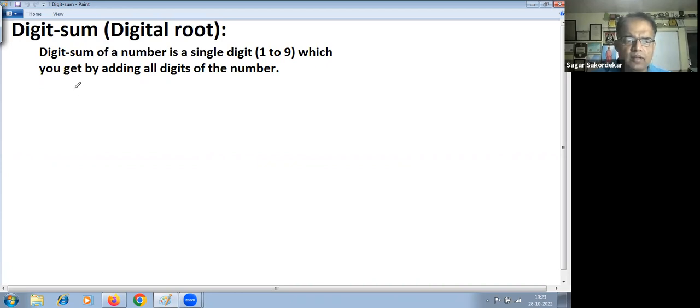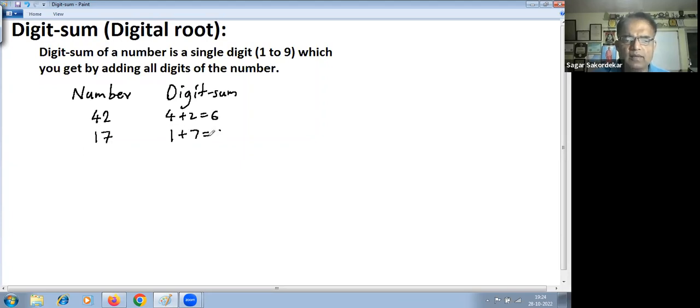Okay, so let's calculate the digit sum of a number. If the number is say 42, you will just add 4 plus 2, 6. Digit sum of 42 is 6. If you consider the number say 17, digit sum will be 1 plus 7, 8.